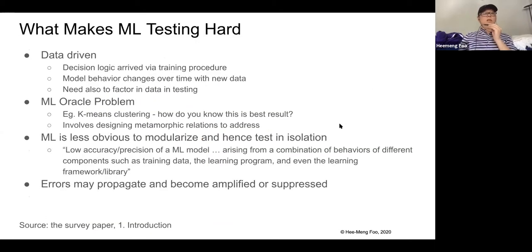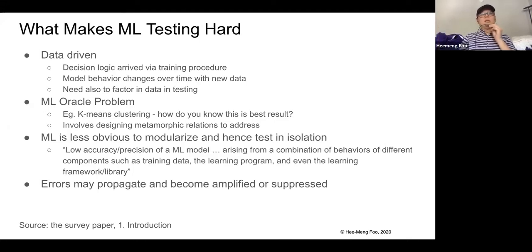Okay, so what makes machine learning testing hard? First of all, it's data driven. The model behavior changes over time with new data. In fact, with COVID, we had a sudden significant change in user behavior, almost overnight. This is actually a real problem that happened with data science teams a few months back, when countries started to lock down.